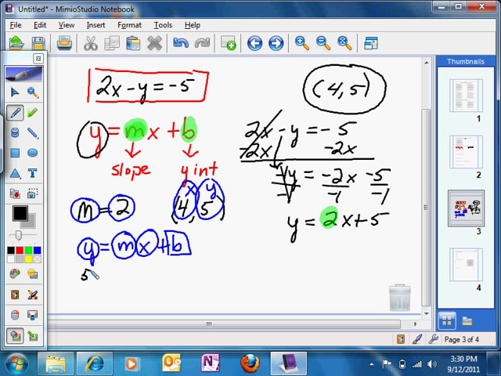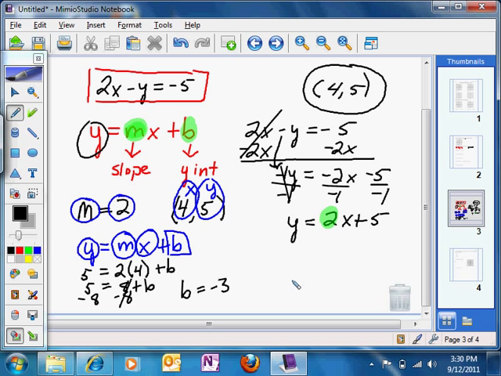My y is 5, my m is 2, my x is 4, multiplied by 4, because m and x are being multiplied, then plus b. Solve for b. I get 5 equals 8 plus b. Subtract 8, and I get that b is equal to -3.